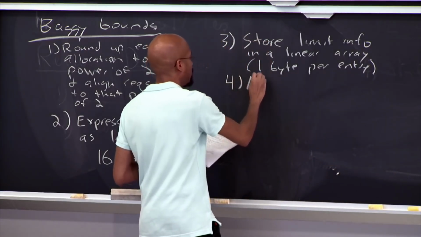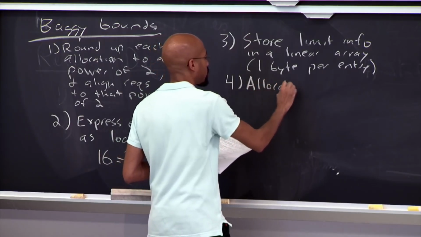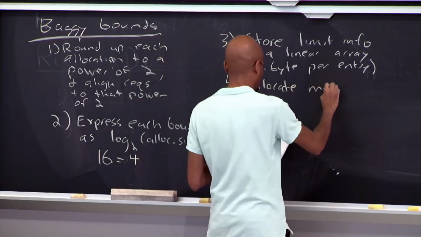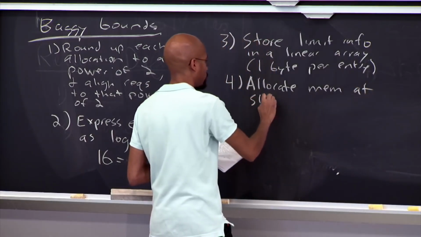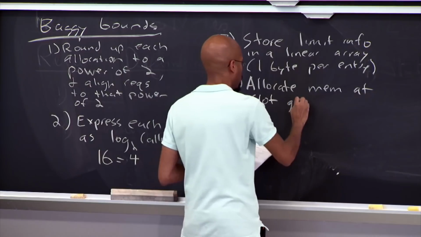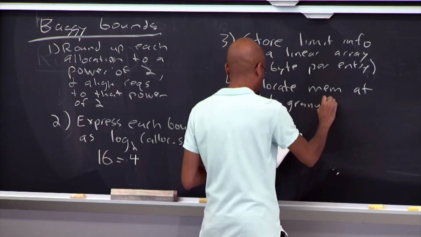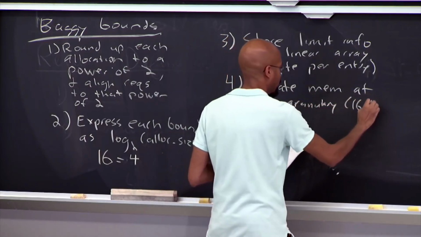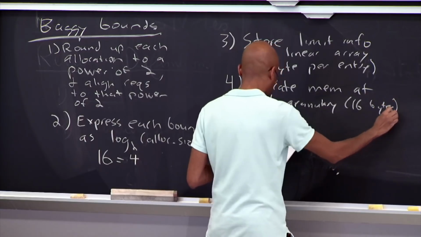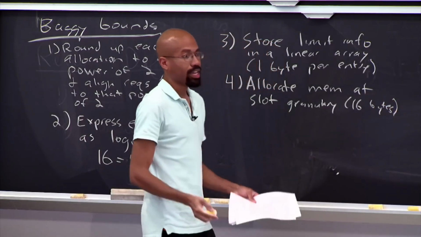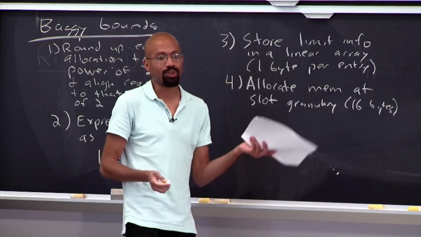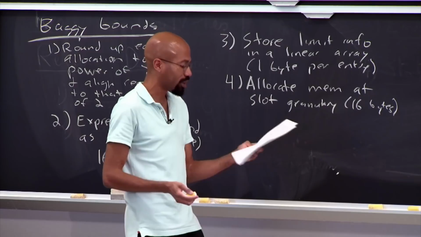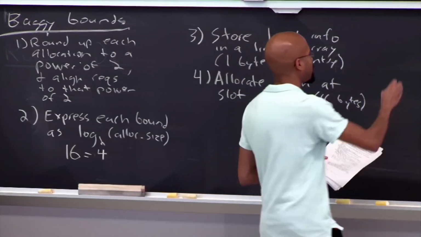But we're going to allocate memory at the granularity of a slot, which in the paper they use 16 bytes as the slot width. Now this next thing is a bit that wasn't explicitly said in the paper, which, if you don't grasp it, would make the paper very tricky to understand.